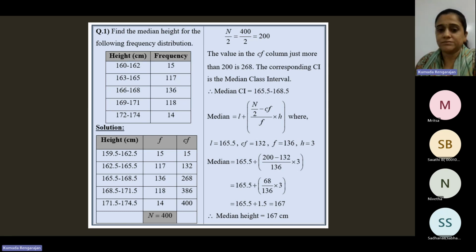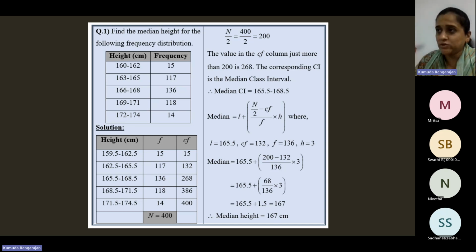So H is 3. What is L? Lower limit of the median class interval. CF, cumulative frequency of the class interval preceding the median class interval. F, frequency of the median class interval. H, width of the median class interval.